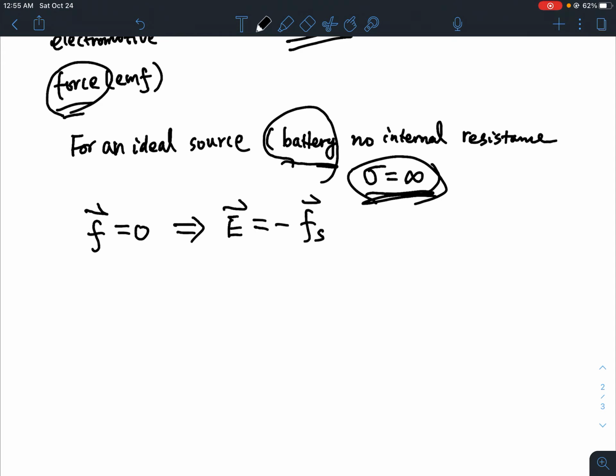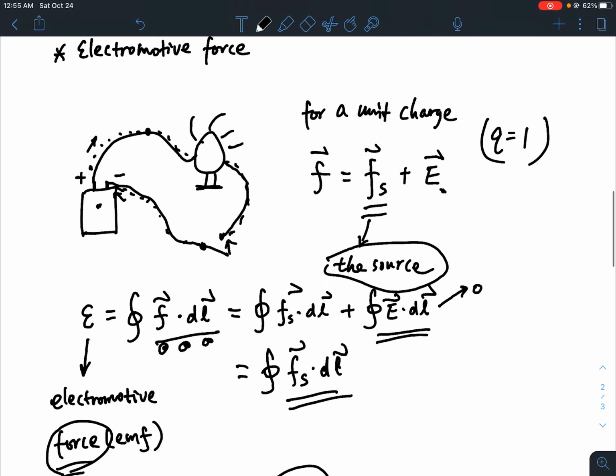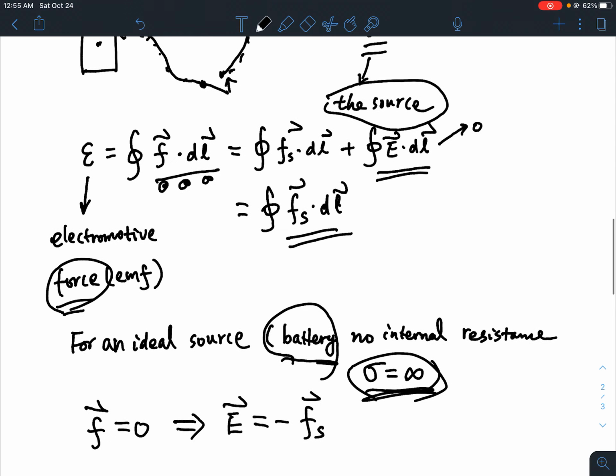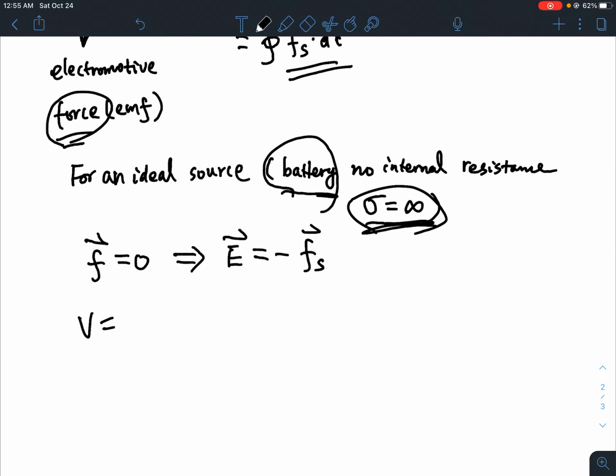Now remember that we can calculate the potential difference between the two terminals, let us say the plus terminal and the minus terminal. This is just the integral from terminal A to terminal B of E times dl.